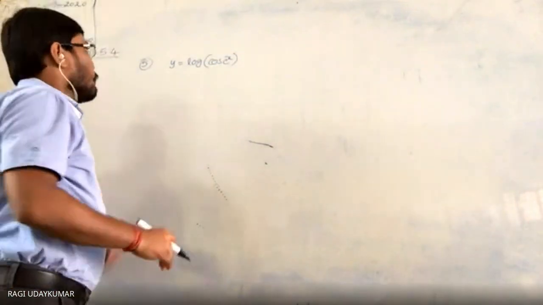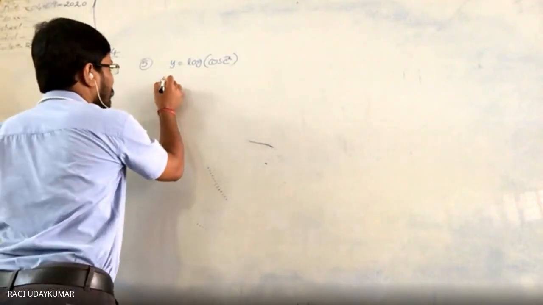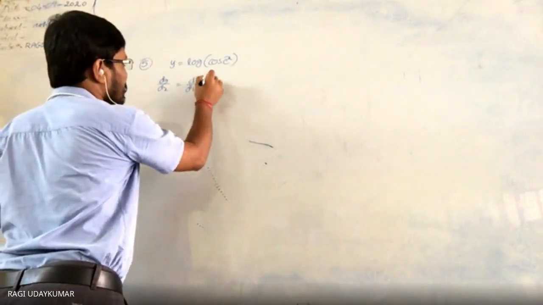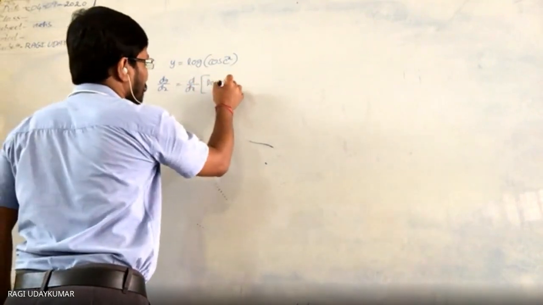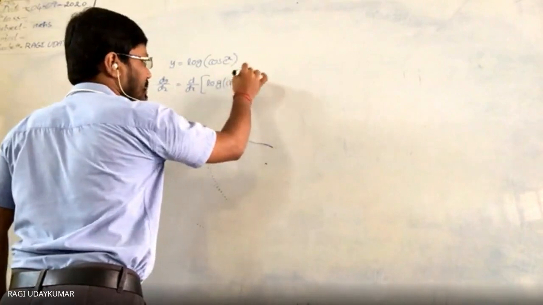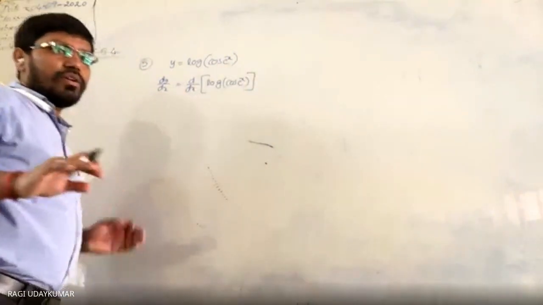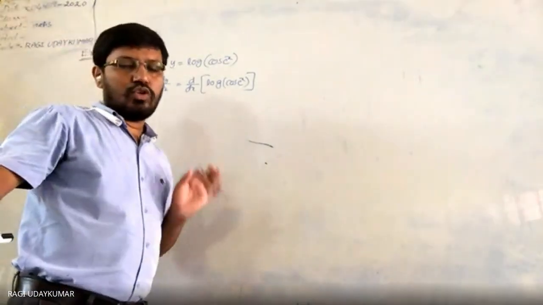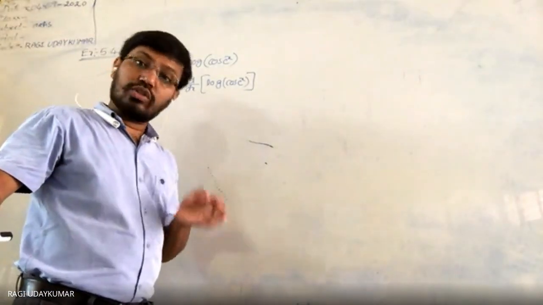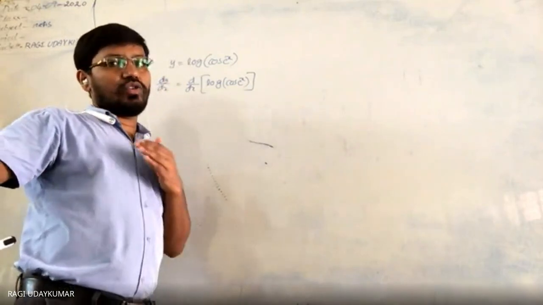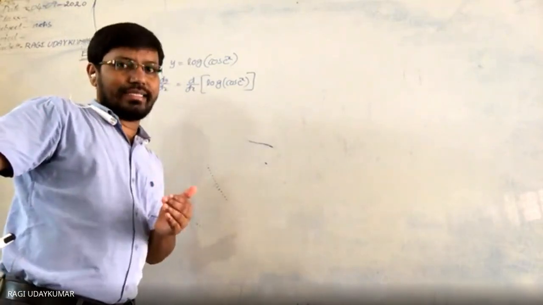Okay. dy by dx is nothing but d by dx of logarithm of cos e power x. This completely you consider as x. So log x differentiation. Here log is nothing but log to the base e. Do remember that. Log is nothing but log to the base e only. Usually log to the base e will be written as ln x.